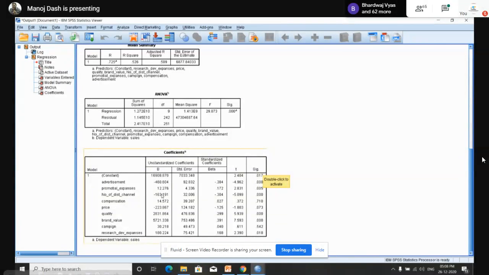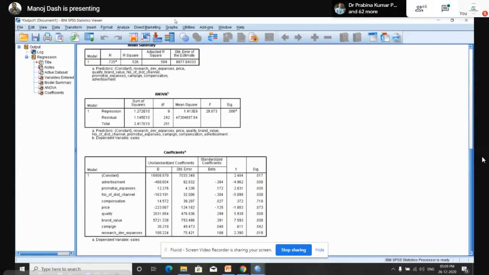Clear? So what strategy to improve? You ask the advertising manager to re-campaign or re-evaluate the advertisement. Also ask the distribution manager to check what the problem is in the distribution channel. At the same time, give more emphasis on brand value and quality. Is it clear now? Yes, sir.